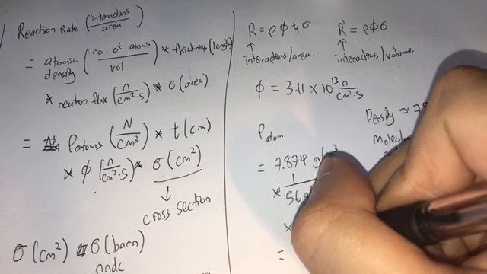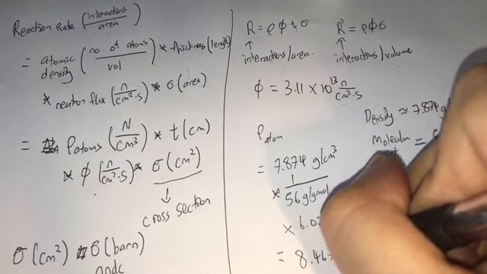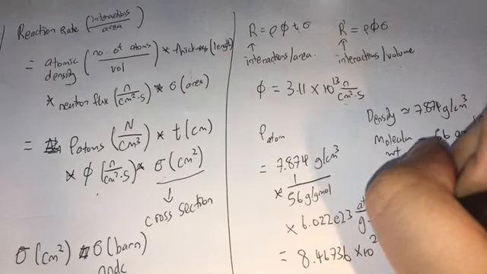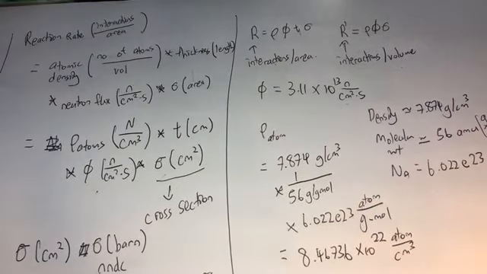We'll get the answer at about 0.46736 times 10 to the 22 atoms per cm cubed, which is pretty reasonable. That's the order of magnitude you should expect.